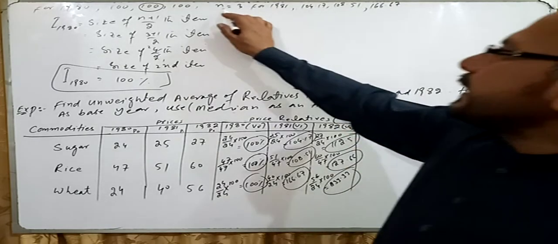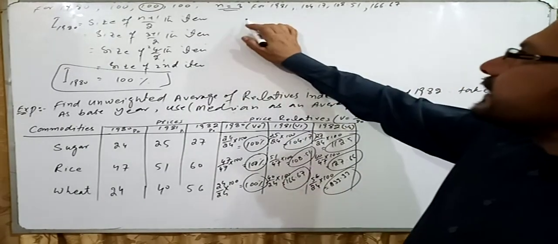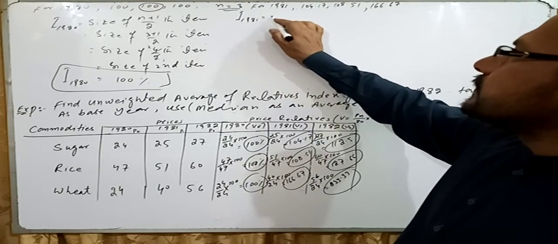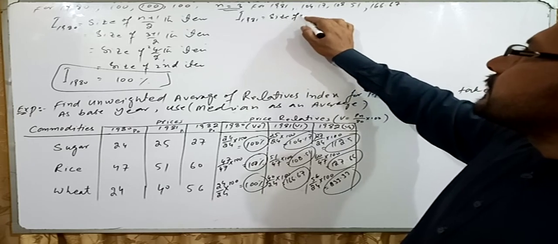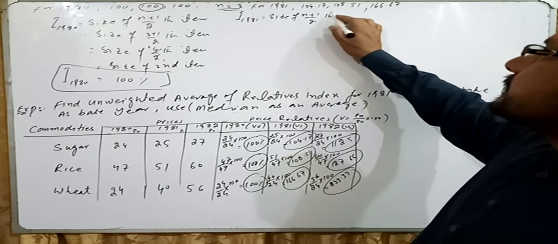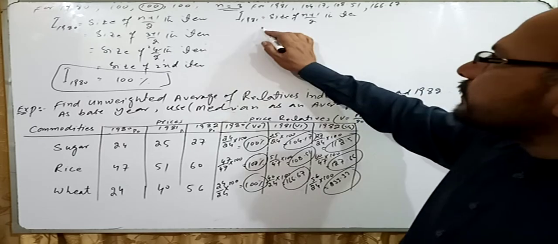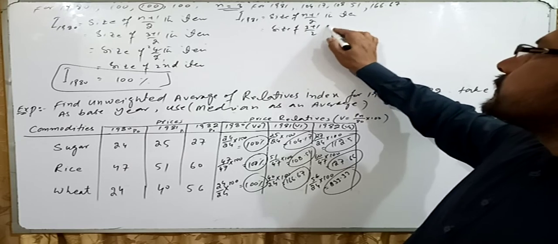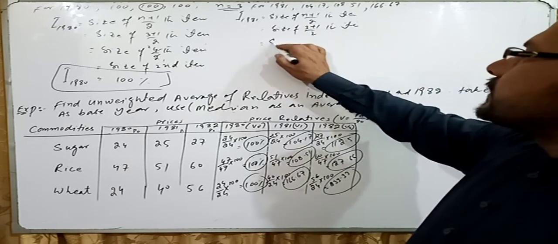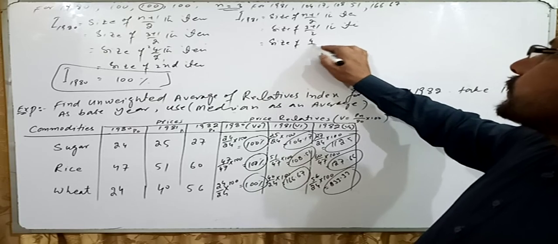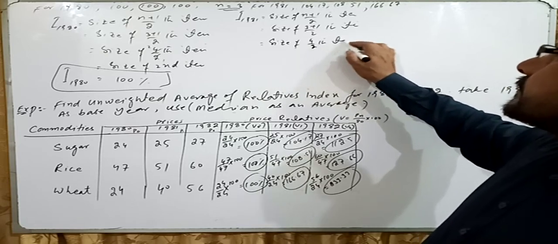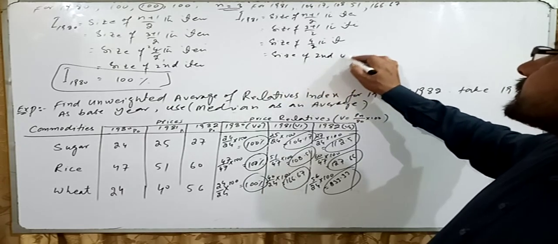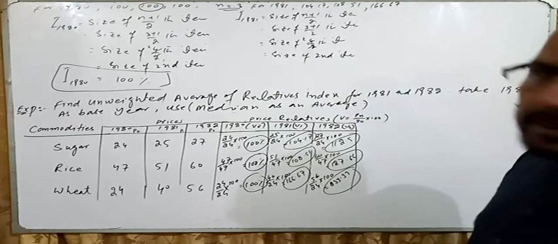Now again n is 3, so we write the formula I 1981 is equal to size of (n plus 1) over 2th item. Following the same procedure, size of (3 plus 1) over 2th item, or size of 4 by 2th item, is the size of the second item. 2 twos are 4, so it becomes the second item.